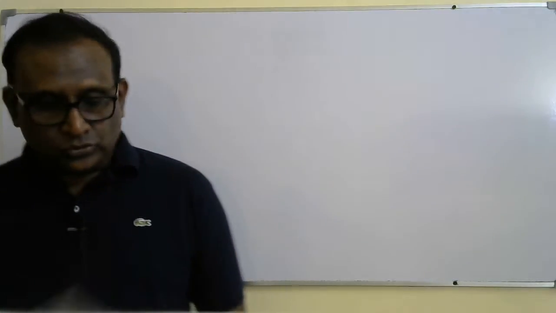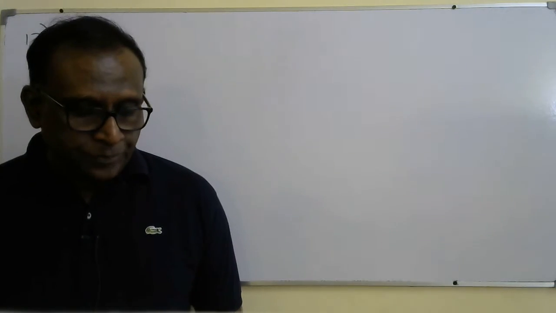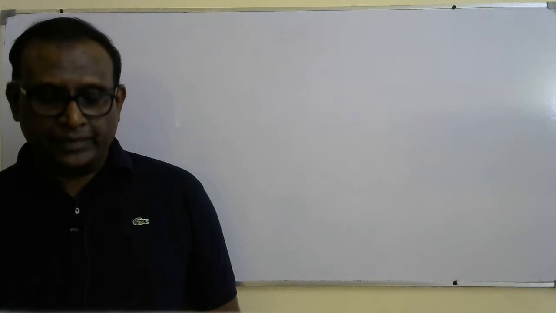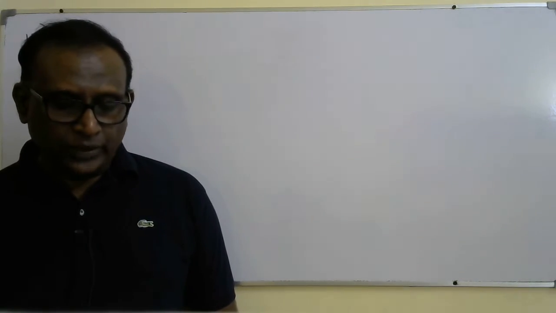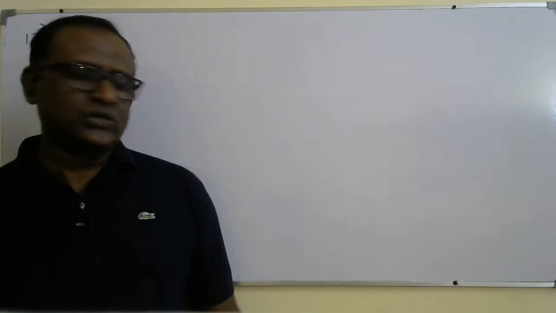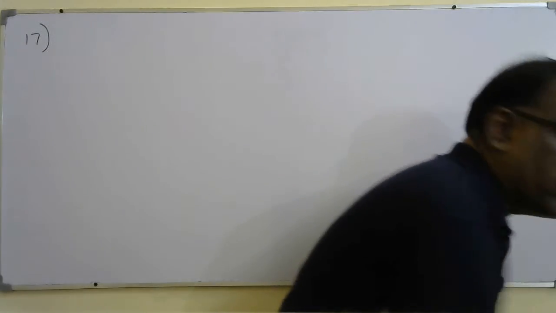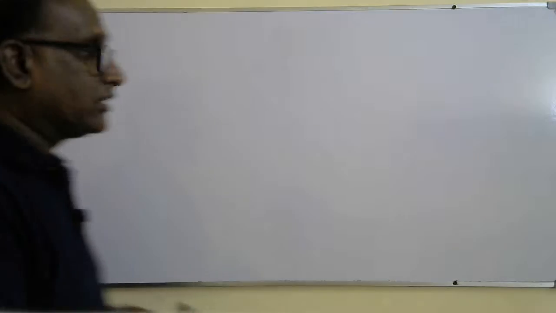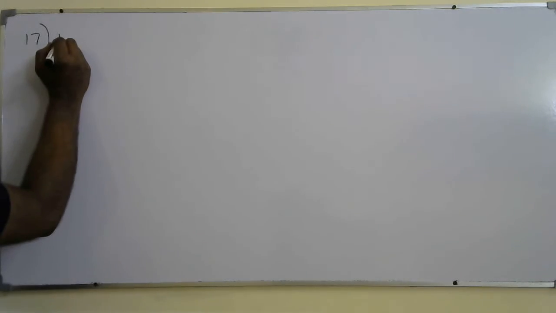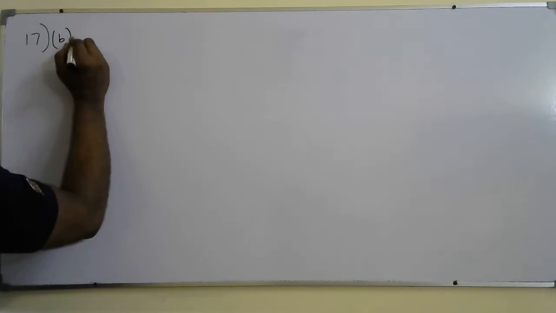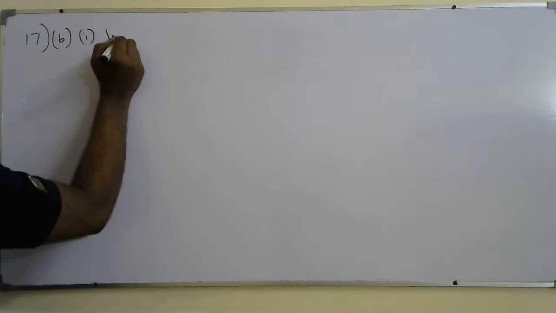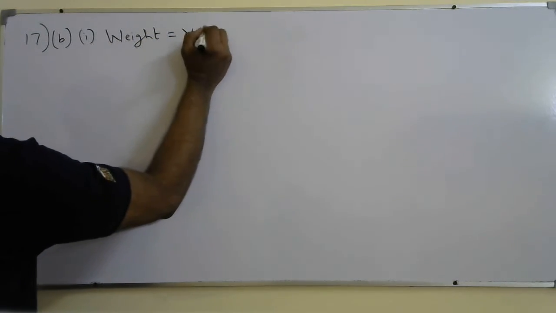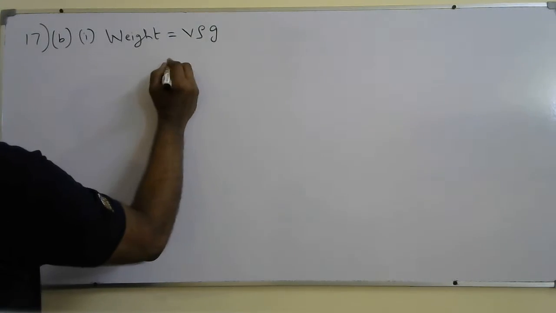Okay, B part. Question 17b. A spherical droplet has a volume of 3.35 × 10^-8 m³. Calculate the weight of the droplet, density given. So you know density equals mass over volume, and mass times gravity g is the weight. So it's not a big issue. First part, weight equals volume into density is the mass, into g is the weight.